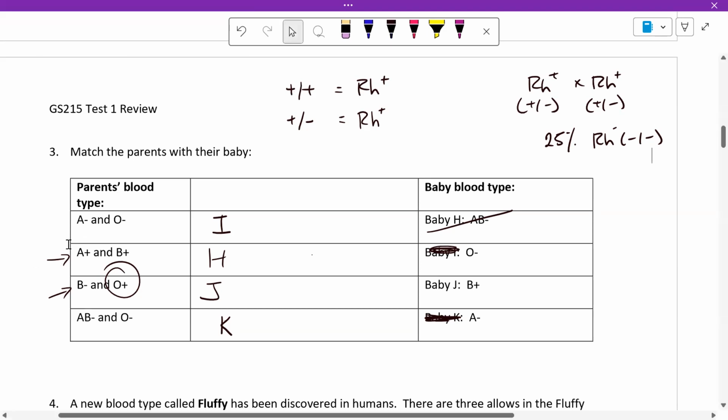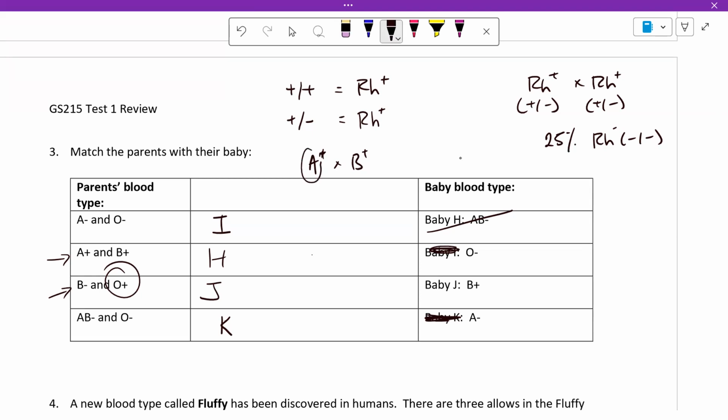Is that all right? Yes. So for example, let's say an A plus and a B plus, what baby will they have? Based on the A and the B, we cannot say for certain because it depends on whether the person is IA IA or IA small i, right?